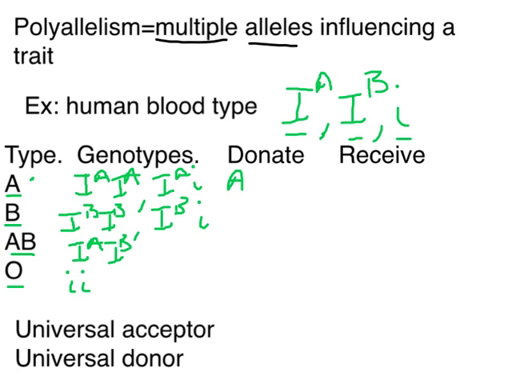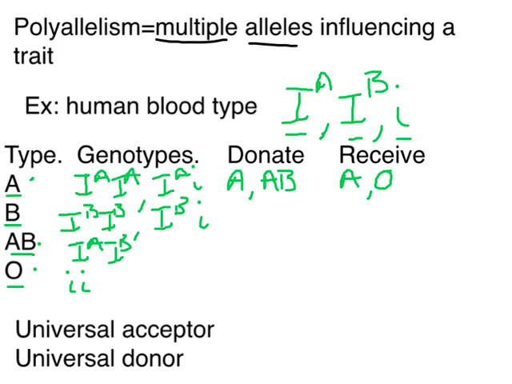If you wanted to donate to somebody who's AB, you could also donate to somebody who is AB because they have A proteins on their blood, and so their immune system recognizes the A protein and it's no problem. You cannot donate to somebody who is type O, though, because again, type O would be somebody who doesn't have any proteins on their blood, and that protein would upset their immune system. All right, you can receive from type A, and you can receive from type O.